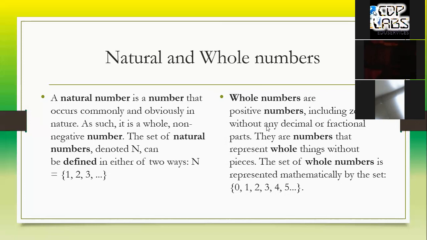What do you understand from that? When you're writing whole numbers, you just write 0, 1, 2, 3. They are not used with decimal points or fractions. All right, good.